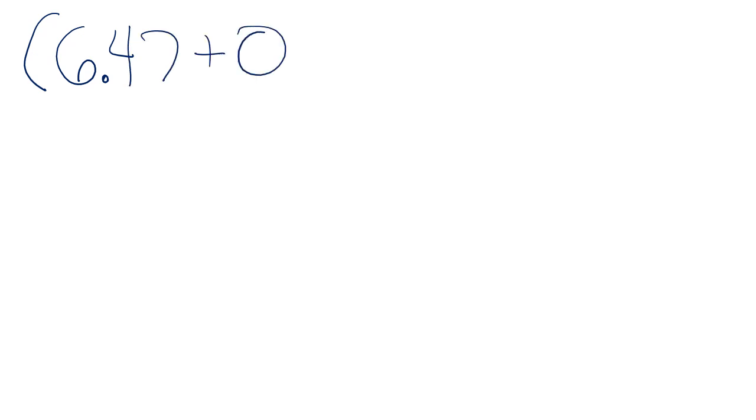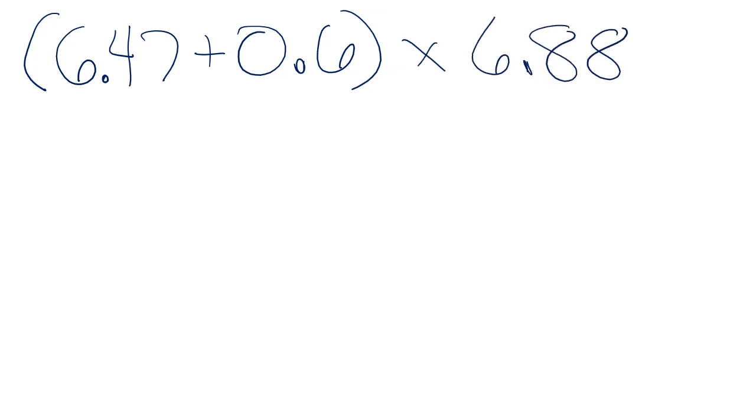I'm sure that is confusing. Let's do another one. 6.47 plus 0.6 times 6.88. All right, so because that's in parentheses, we're going to do that first.